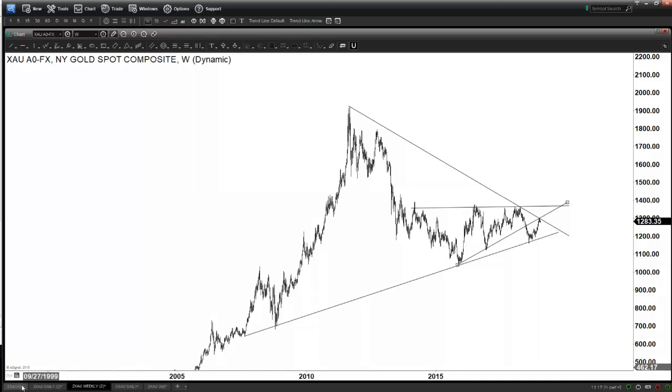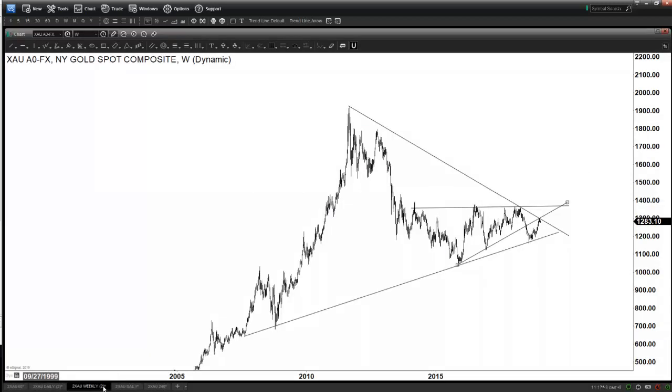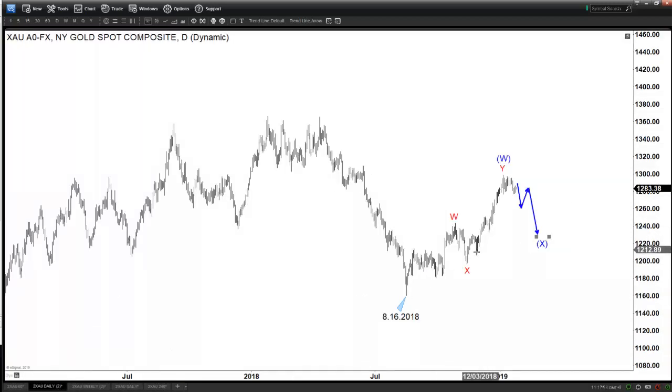In the shorter cycle, we are calling for a turn lower from this ABC equal leg, as long as it doesn't break above 1,300. If it does break above 1,300, then I think we can do something else. We can become more bullish and see an impulse, like I said, 1 2 1 2 3 4 5 and so on.